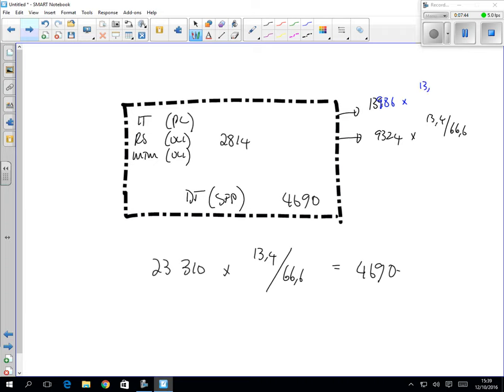That multiplied by 13.4 over 66.6, which is going to give us 1876. And I made a little typo mistake over here, sorry, 9324 times 13.4 divided by 66.6 is 2814, and those two together gives you 4690.